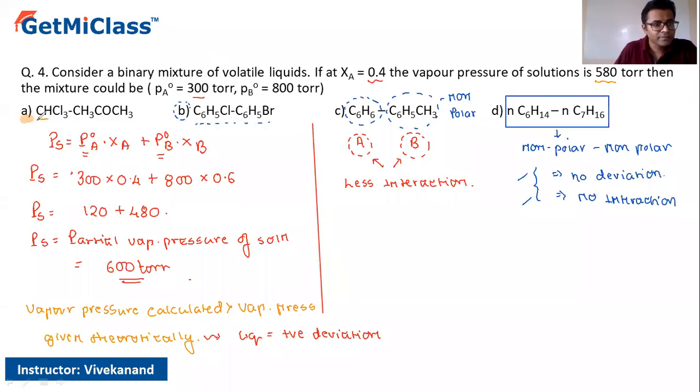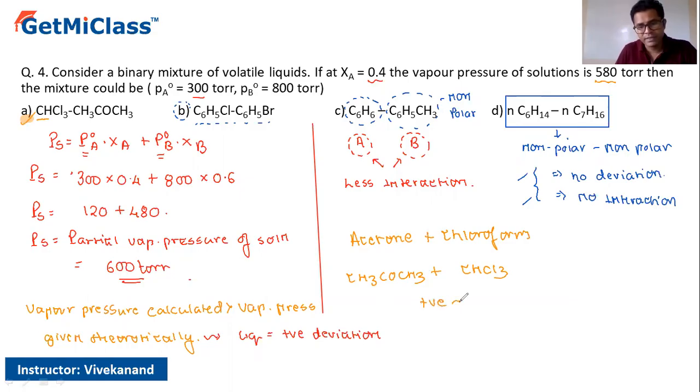So option A, wherein there is an acetone plus chloroform mixture. Chloroform, that is our CHCl3, and we have added acetone to that, that is CH3COCH3. So this particular mixture is a mixture where it shows a positive deviation. So therefore, this is the answer, that is option A. Thank you.